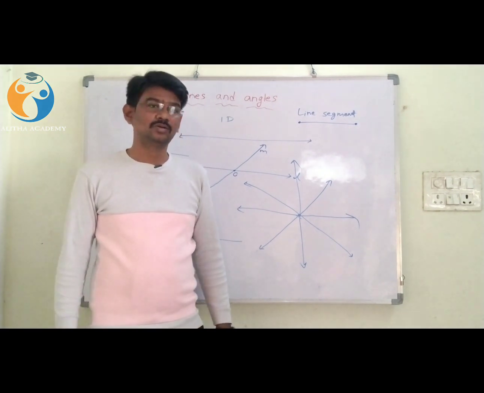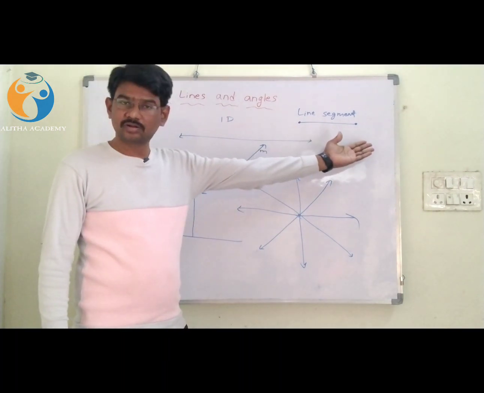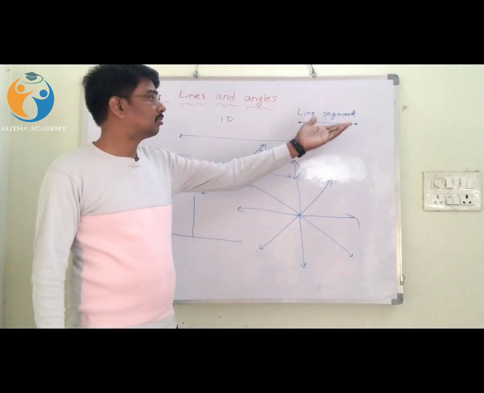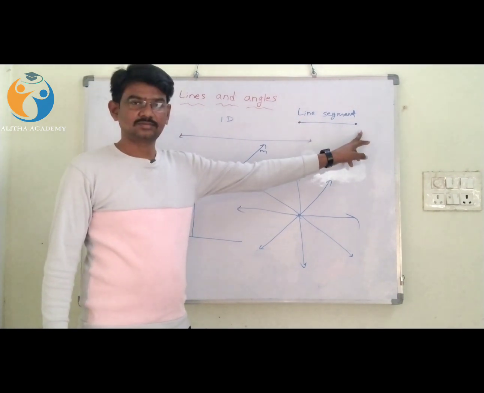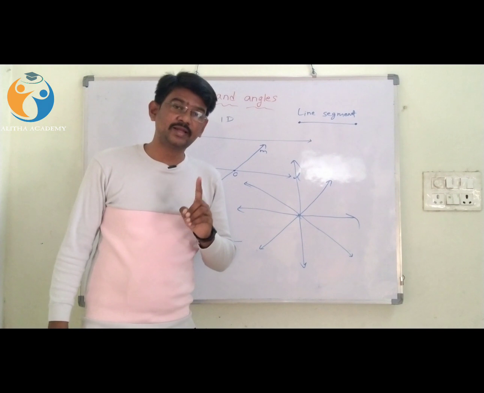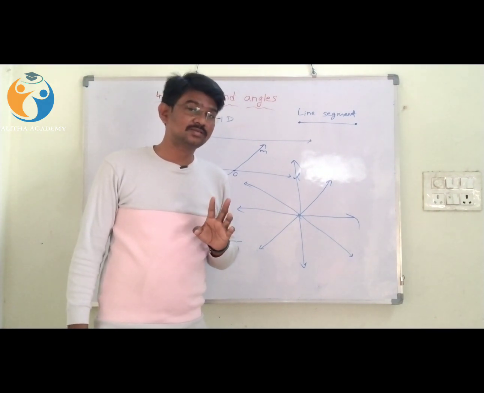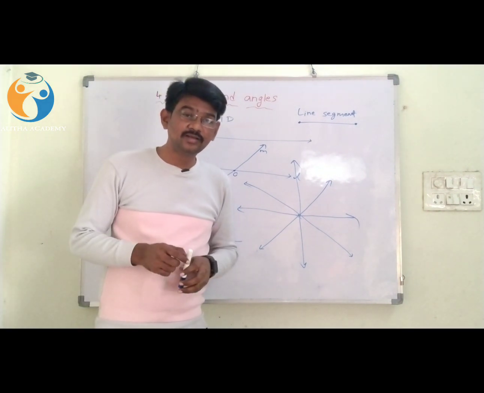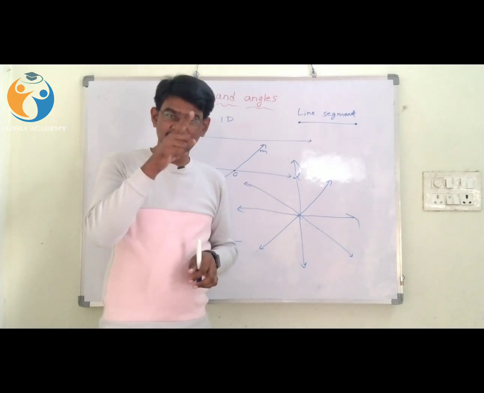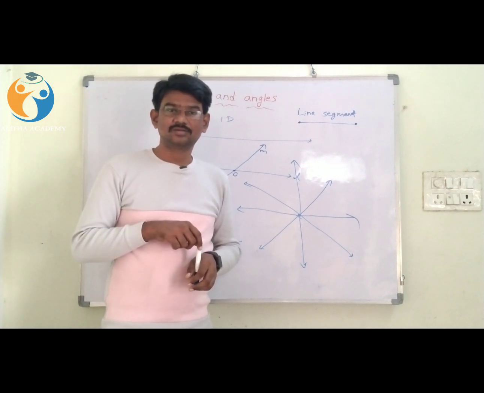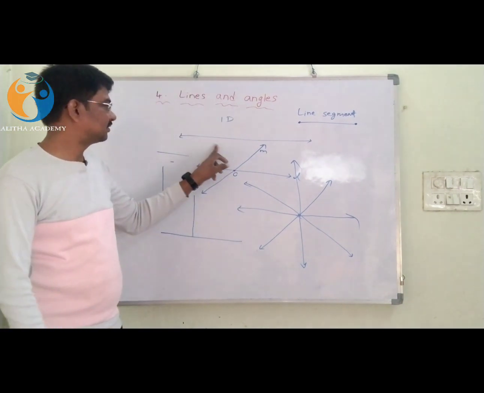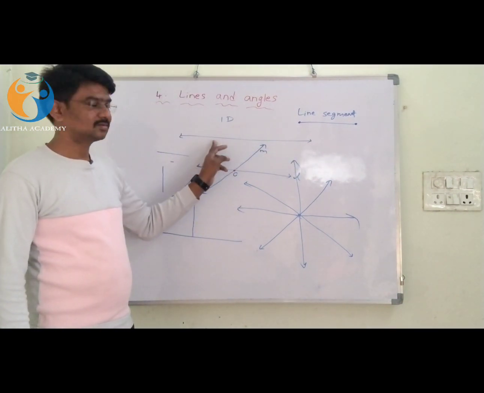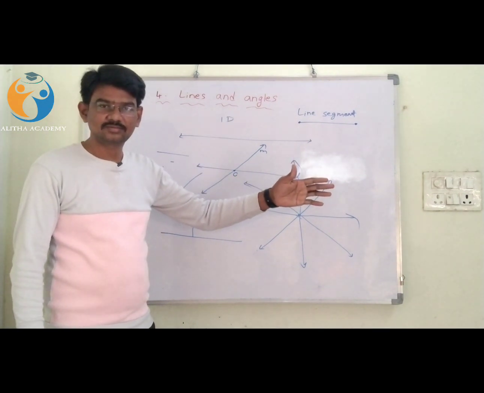How many ends for a line? 0. A line has no ends. This is a line.